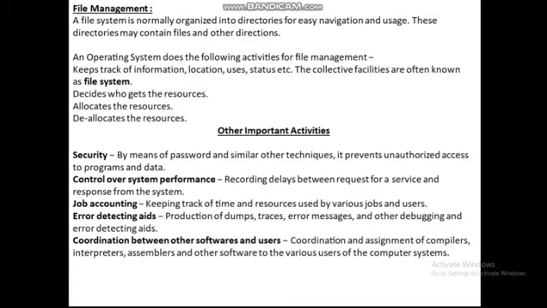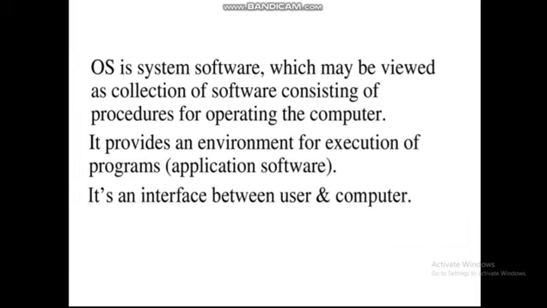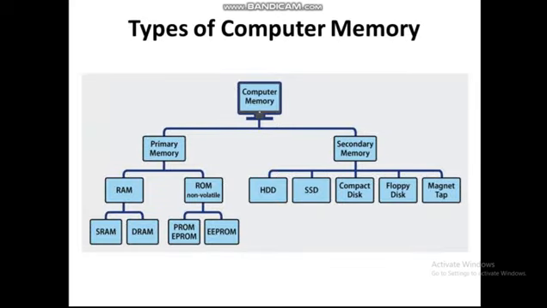Then there is file management and other important activities like security, control over system performance, and coordination between software and users. All these are done by the operating system. So the operating system is a system software, which may be viewed as a collection of procedures for operating the computer. It is an interface between user and computer.